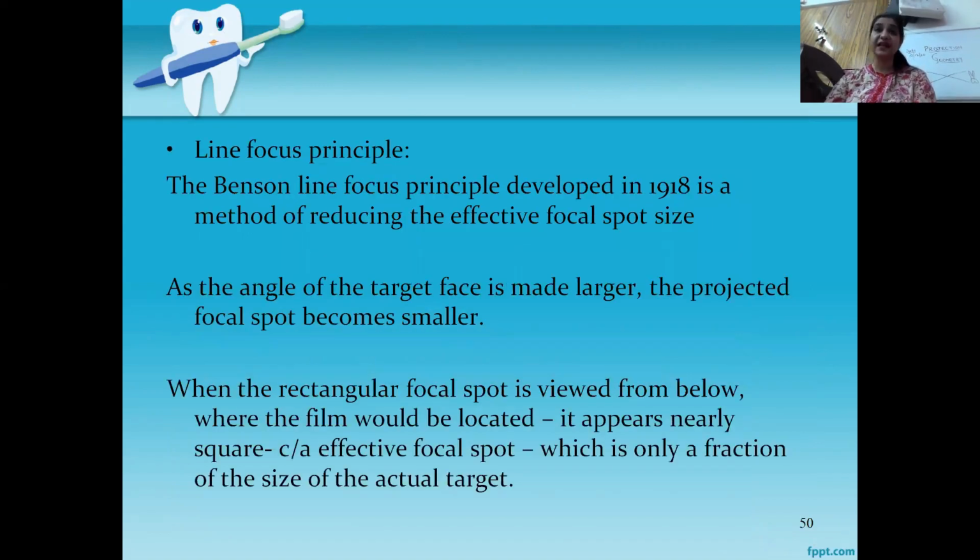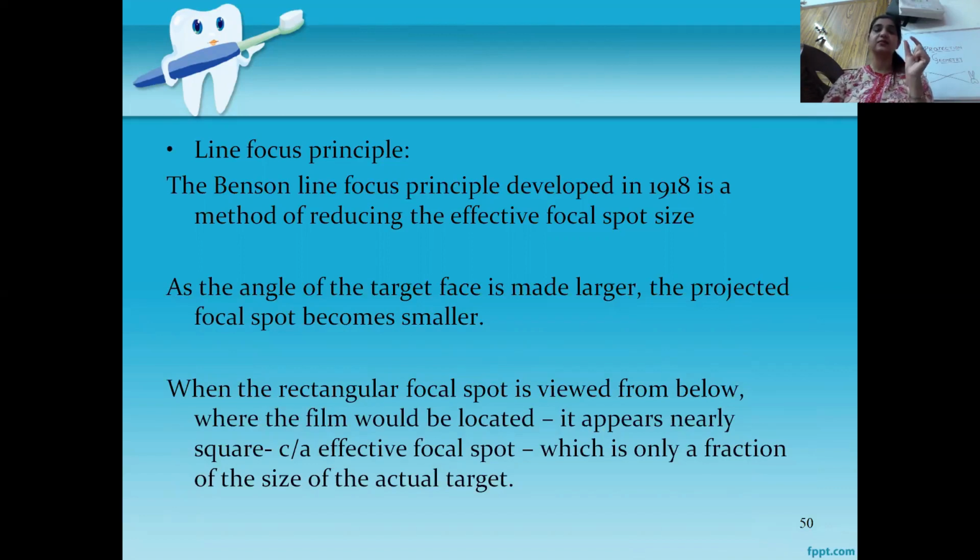Then what is the line focus principle? It is a very important principle given by Benson. The line focus principle, developed in 1918, is a method of reducing the effective focal spot size. As the angle of the target face is made larger, the projected focal spot becomes smaller. When the rectangular focal spot is viewed from below, where the film would be located, it appears nearly square.